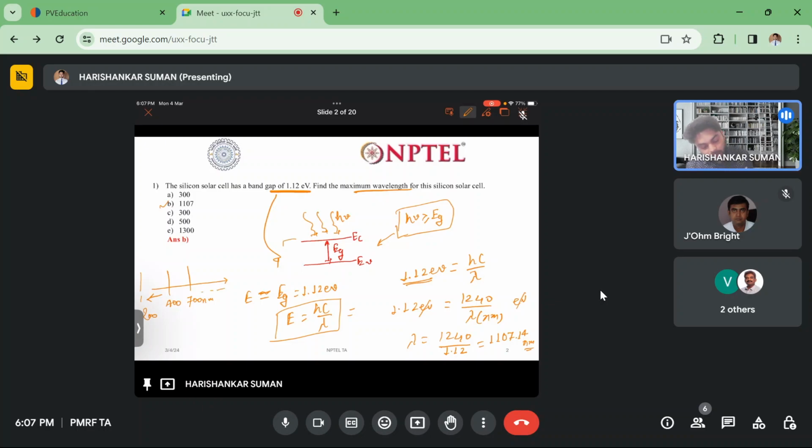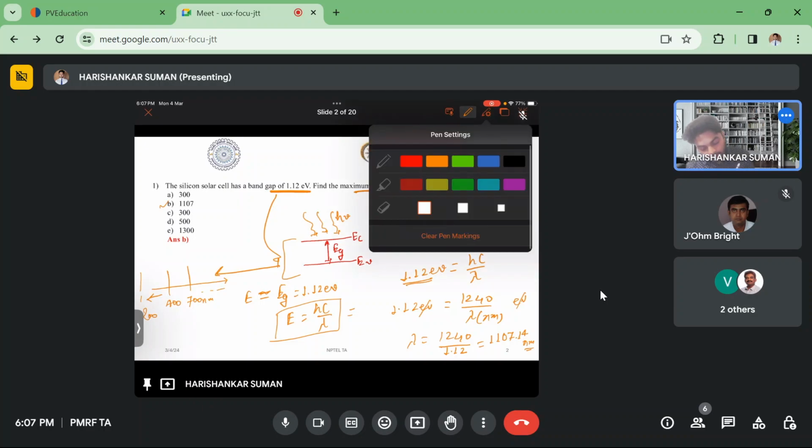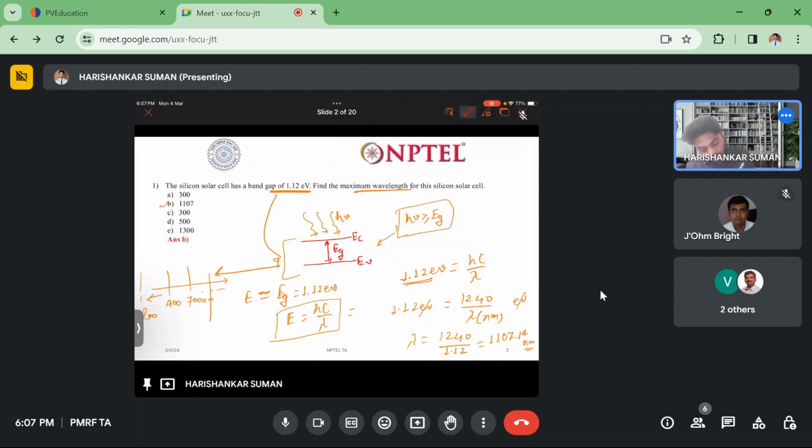So this material, which side does it absorb? Let's say here is 1107 nanometer. This side or this side? Which side can this material absorb the light? Left or right? This is left, right.